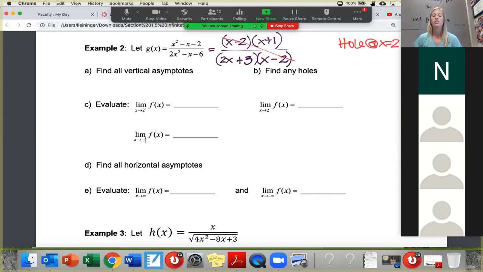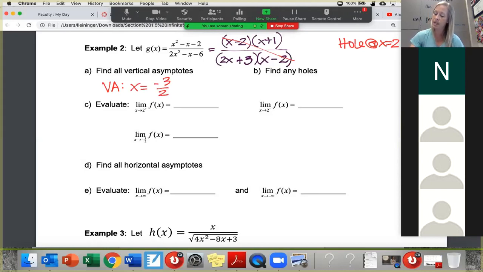So now when we're asked to do part A, to find the vertical asymptotes, I set what is left on the bottom equal to 0. So I have a vertical asymptote where? Negative 3/2.